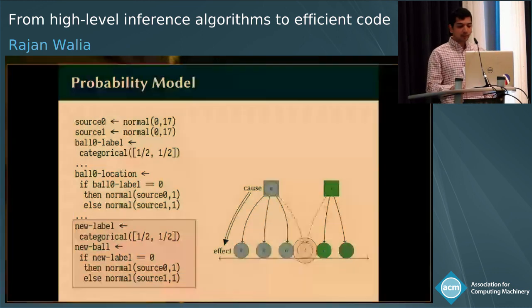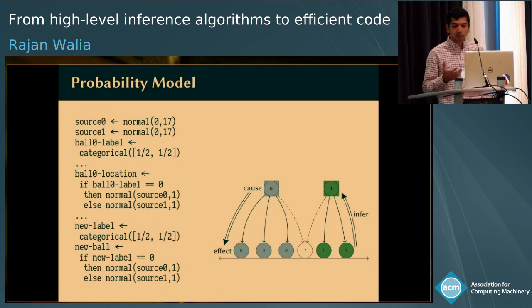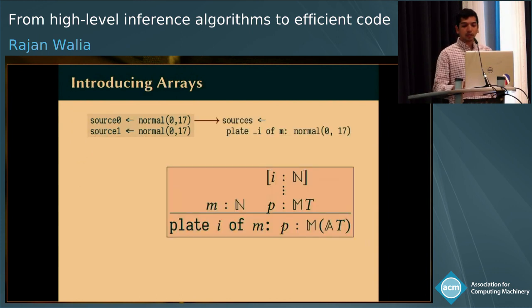And once we have this probability model, we can use it to infer the source location or the label of the unknown ball by using the location and labels of the known balls. Now let's see how we'll write this problem with n balls and m labels. We added arrays to represent n balls and m labels, so we add arrays to our programming language.